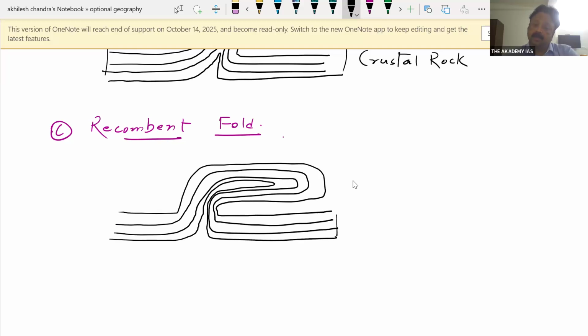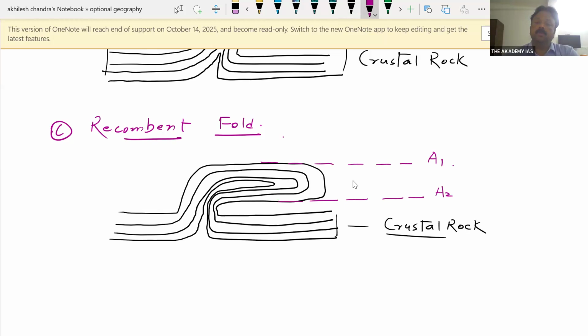So this is the crustal rock. Here we have arm 1, A1. This is A2. Both the arms remain parallel as well as parallel with the crustal rock.